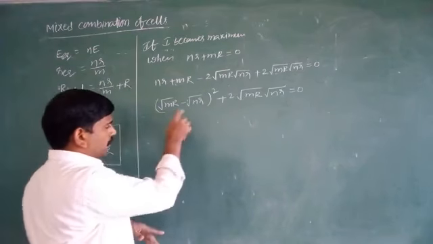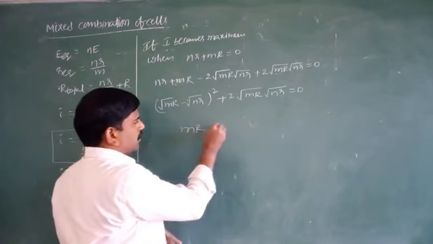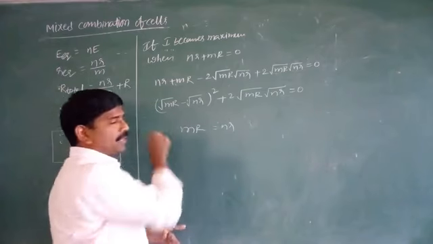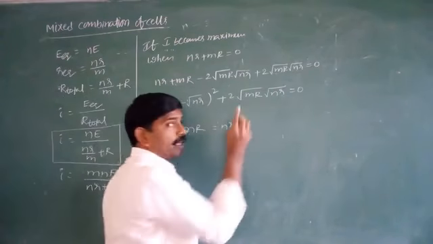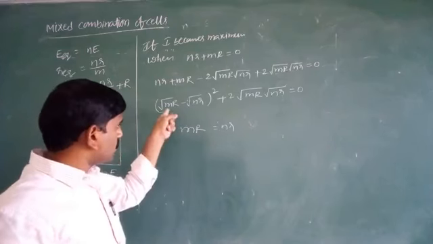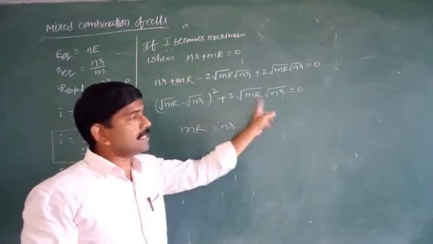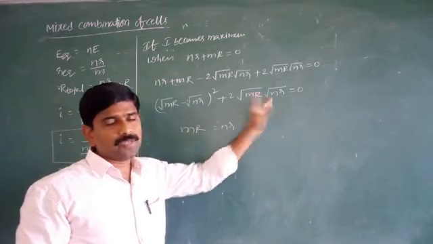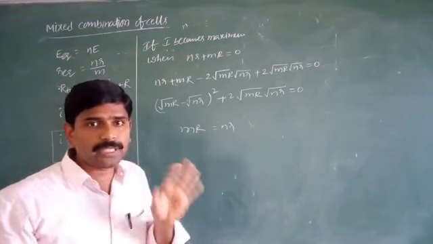But in case mR is equal to nr, the first term becomes 0. So the first term has the chance to become 0, not the second term.